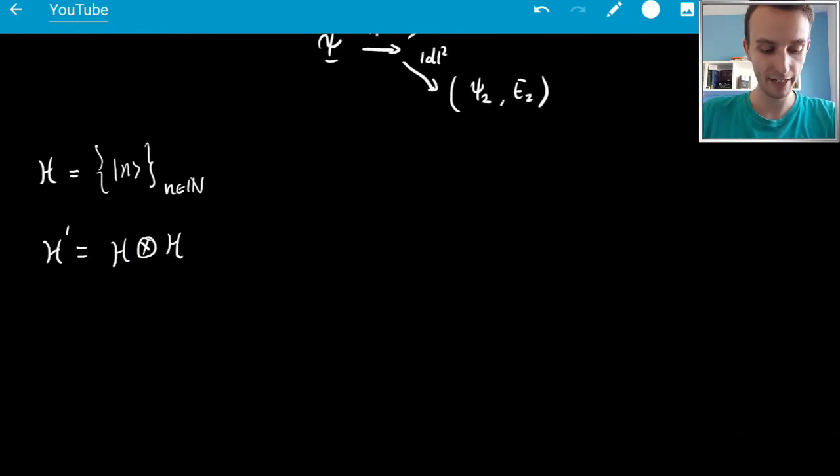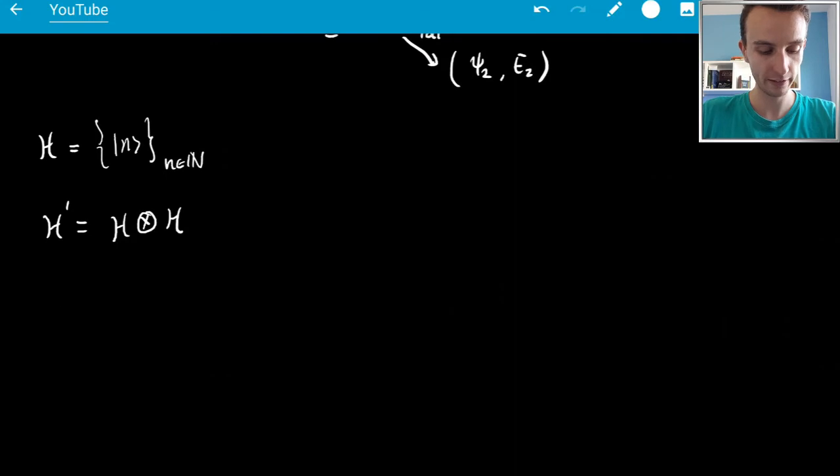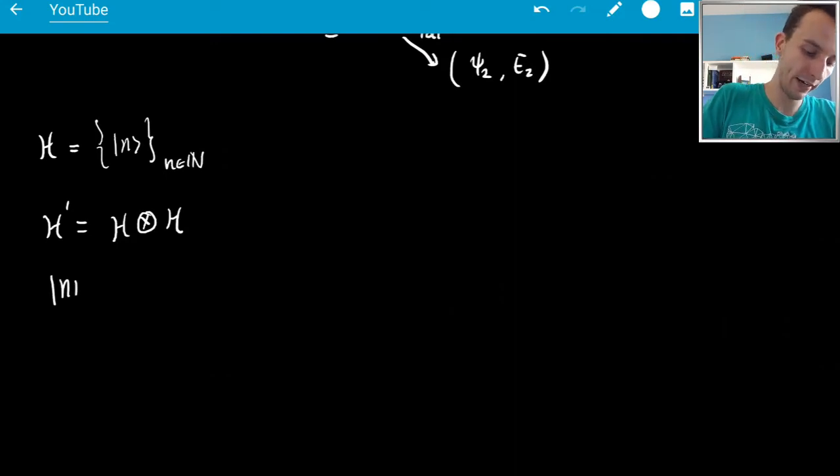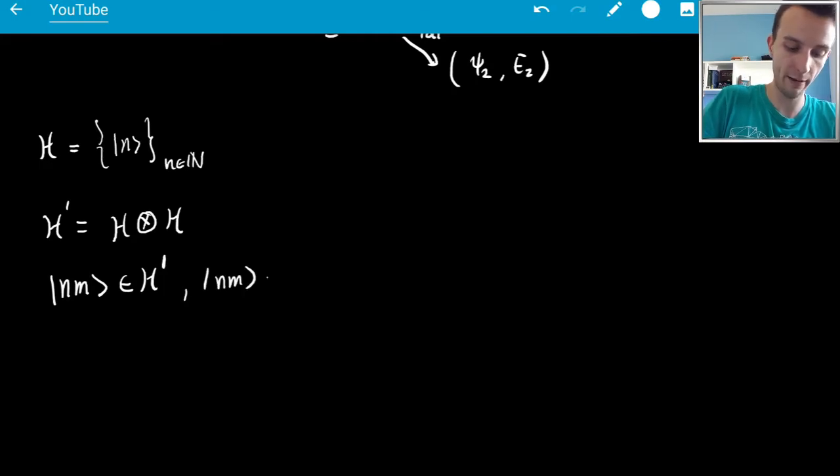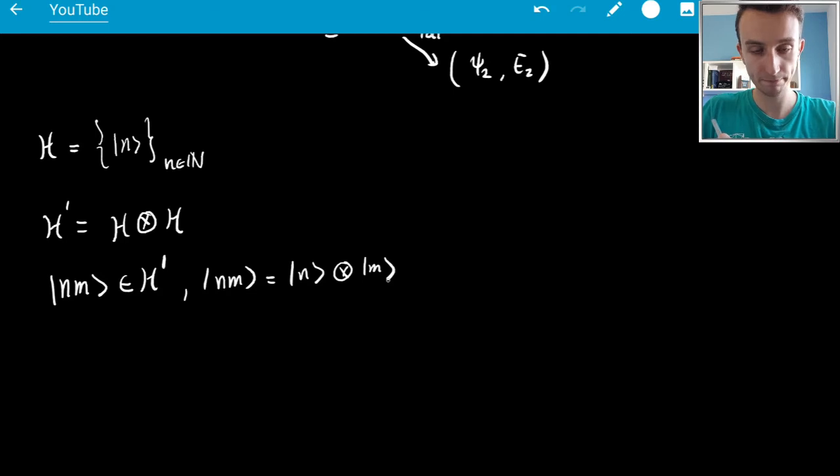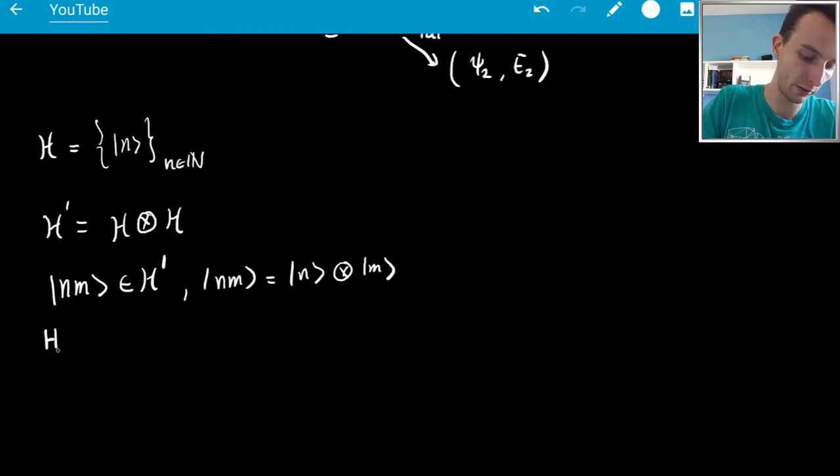And so we're gonna make this kind of tensor product, and we're gonna have an element nm in h prime, or we could write nm as like this, n tensor m. And we're gonna have operators on h prime, but we've only talked about the Hamiltonian so far, so let's only talk about the Hamiltonian h prime.